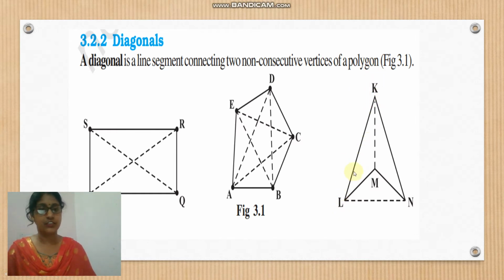Similarly, K and N both lie on the line segment KN, so they are consecutive vertices. Other than L and N, M is a non-consecutive vertex, so KM is the diagonal of the polygon. So a diagonal is a line segment connecting two non-consecutive vertices of a polygon.